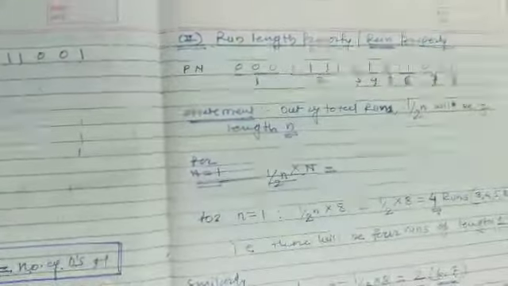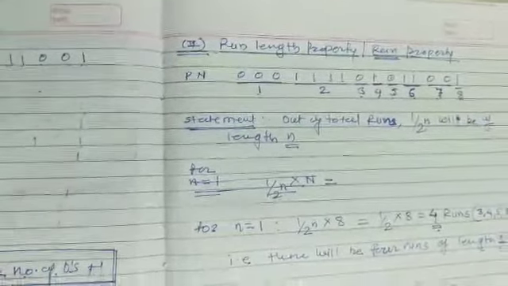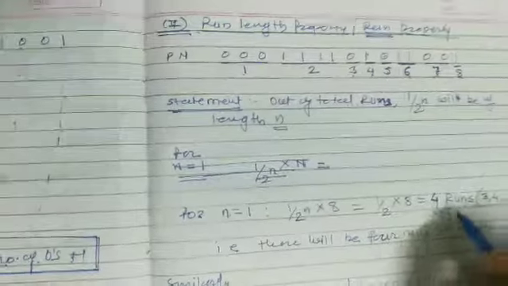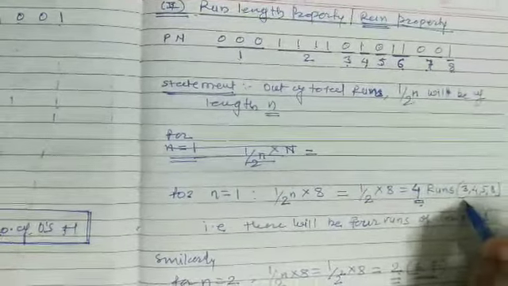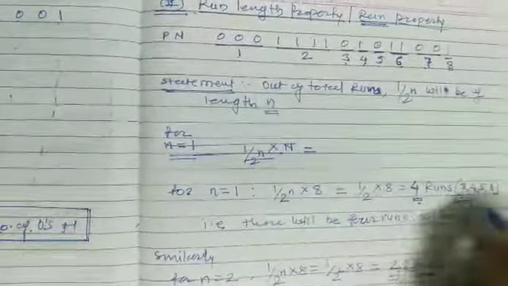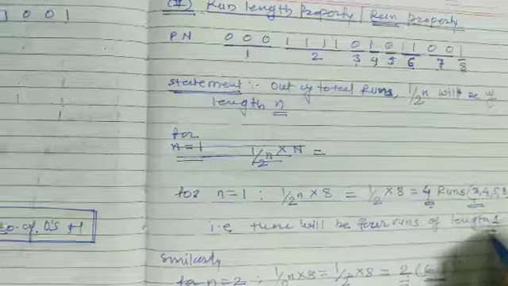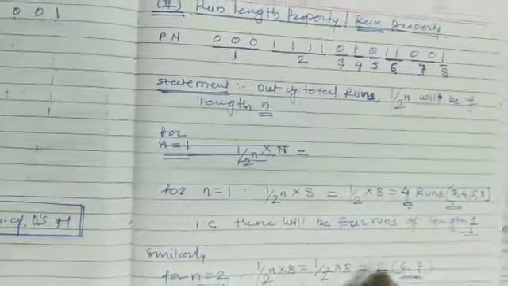Similarly, if we take the runs altogether, then they are also balanced, because here we have 4 runs of length 1. Then here we have 2 runs of length 2.